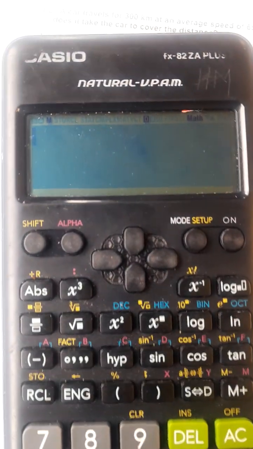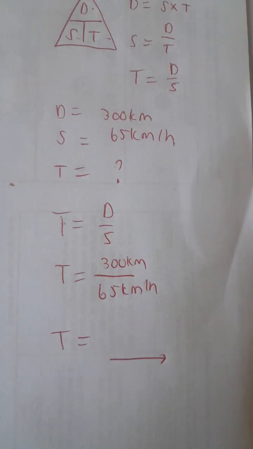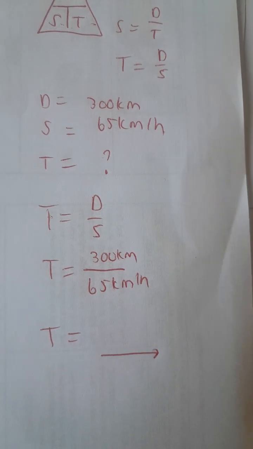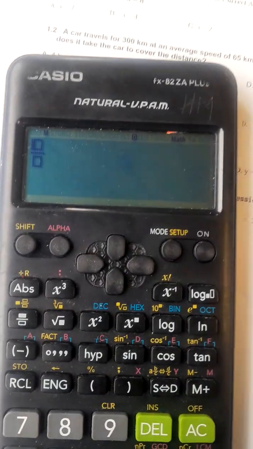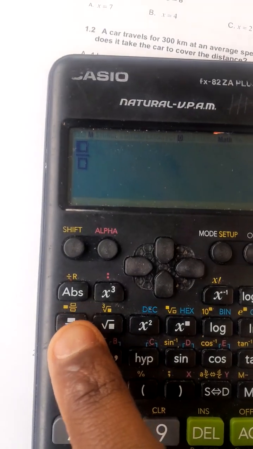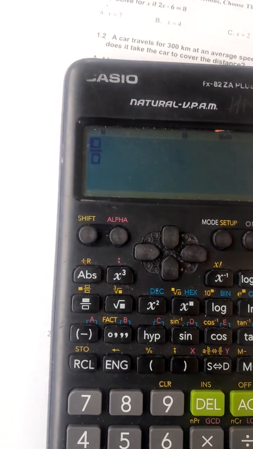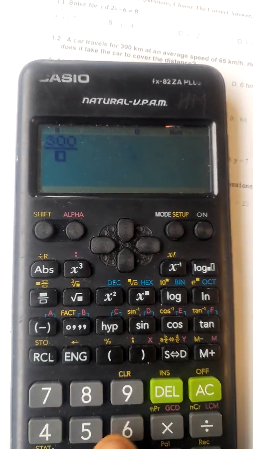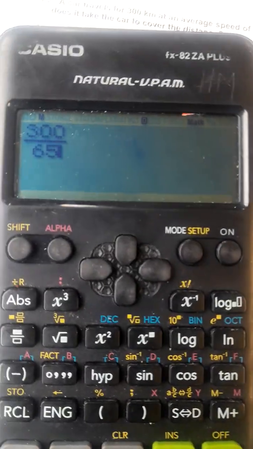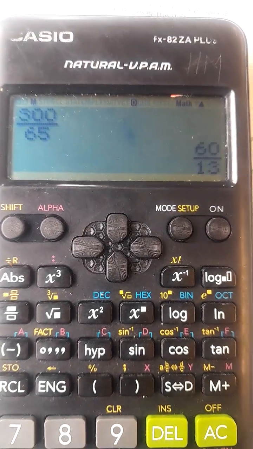Okay, then we grab our calculator. Since T is equal to 300 kilometers over 65 kilometers per hour, we grab our calculator, we go to it, we use that fraction function there, and we say 300 over 65, okay, 300 over 65, and we say equal.